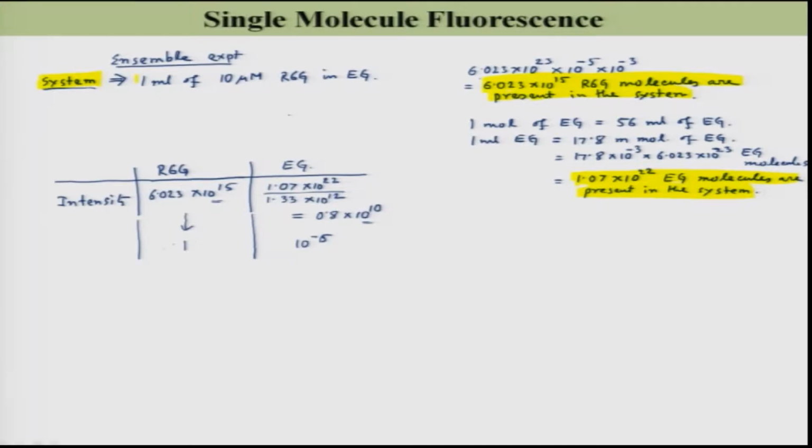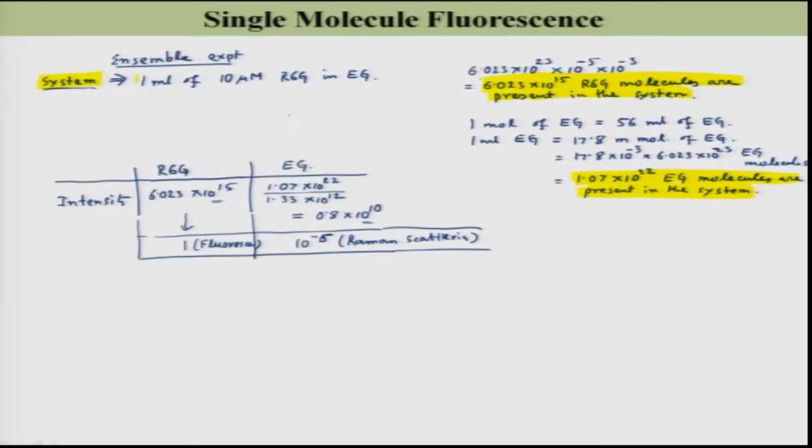So, this intensity is because of the fluorescence, and this is because of the Raman scattering. So, this is 1, this is 10 to the power minus 6. So, this is negligible.